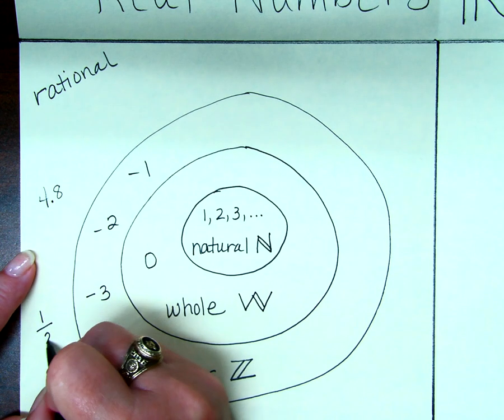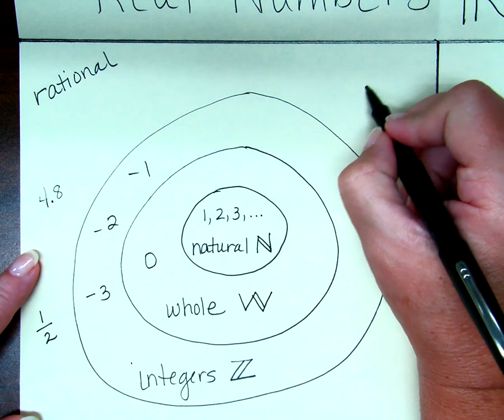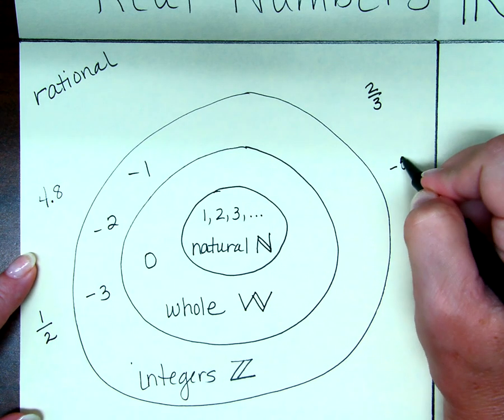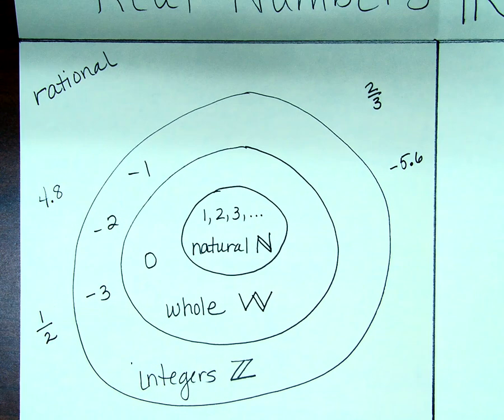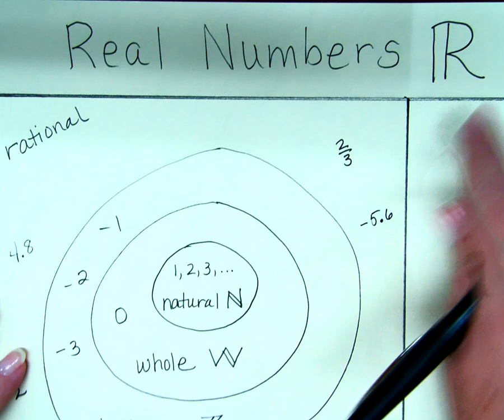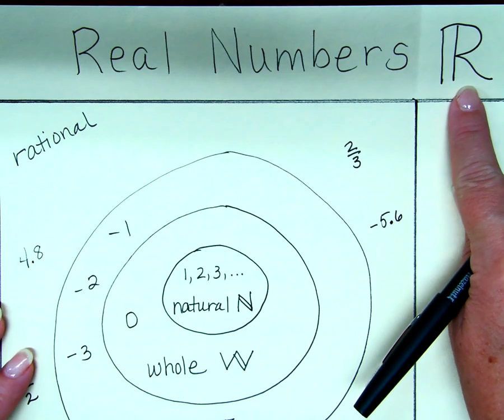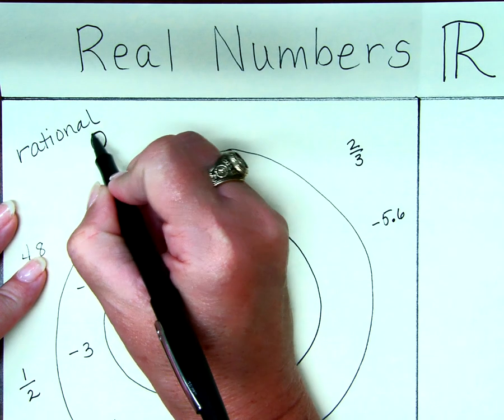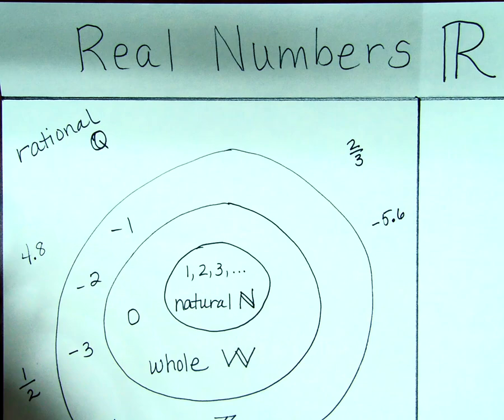So like 1/2, like 2/3, like -5.6. Everybody understand that? Okay. What's the symbol for rational? Fancy R would make sense, but that's already real, right? So it's a fancy Q, because I guess that's next to R, you know, near it.